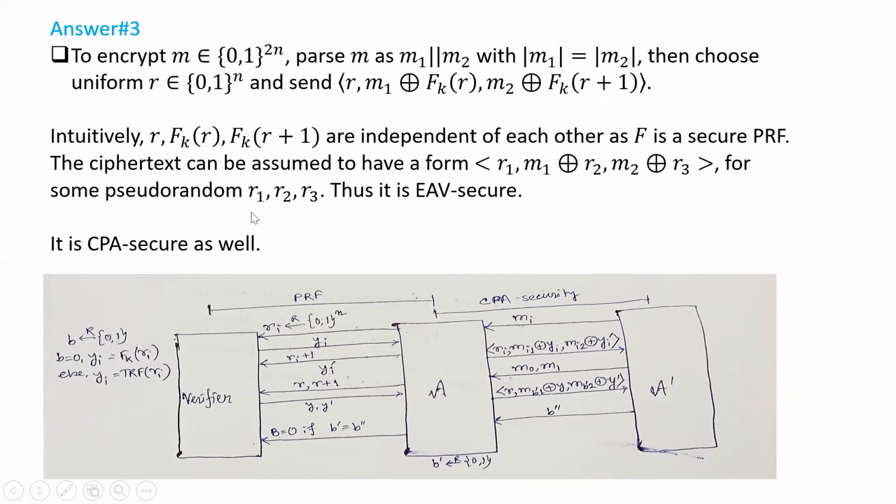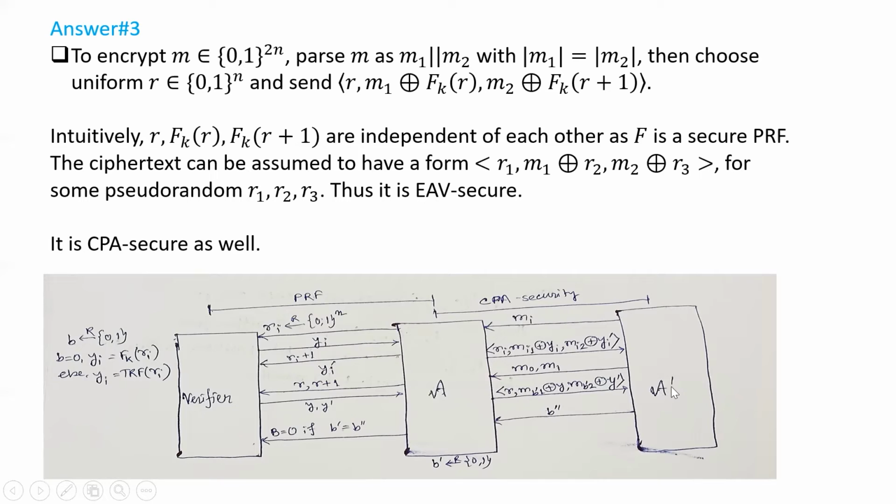Now, to comment about CPA security, the game will be something like that, and intuitively, for any such attacker A, which is able to distinguish the ciphertext of M0 from the ciphertext of M1 after seeing polynomially many message-ciphertext pairs in the query phase, if such an attacker exists and can distinguish them with non-negligible probability, then that will imply the existence of an attacker which is able to break the security of the PRF F. But PRF F is already assumed to be secure, so the distinguishing advantage of A must be negligible.